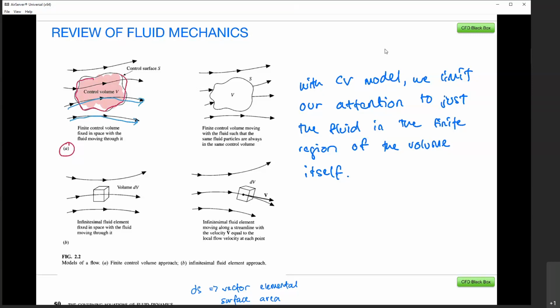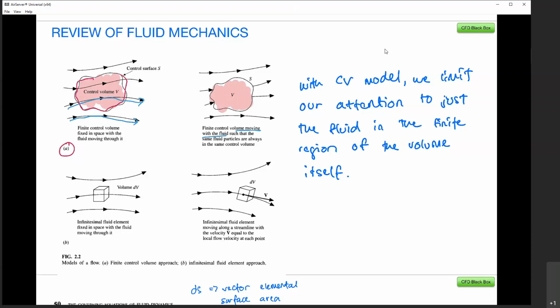So we have fluid moving around the element, but the element itself, the control volume, is fixed in the space. The second model that we can use under A, again we have a control volume, but now the control volume is moving along with the fluid. Instead of stationary, now it is riding along with the flow.